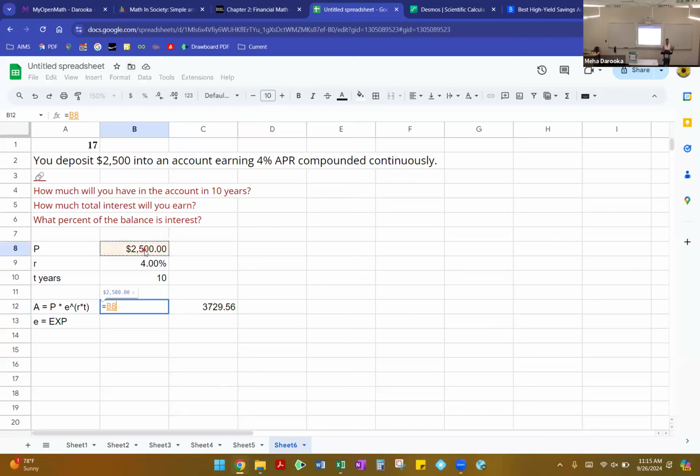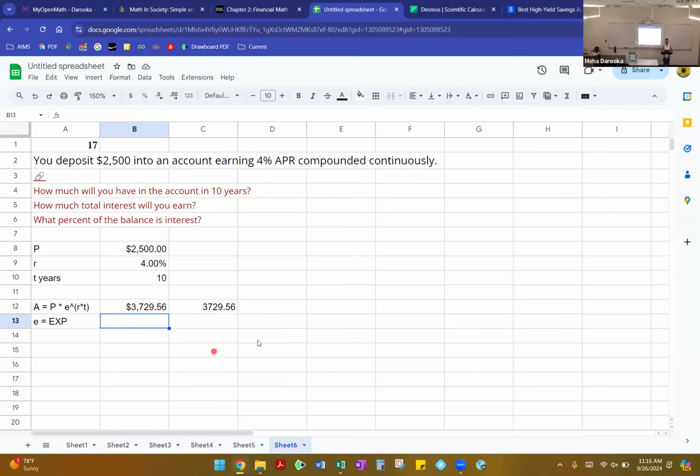So our principal is 2,500, and then remember you multiply with the EXP function for the natural number e, and then again, no caret, just inside the parentheses, we'll do R times T, so basically 4% times 10 years, and look at that. I do not need you to autofill anything. So $3,729.56.